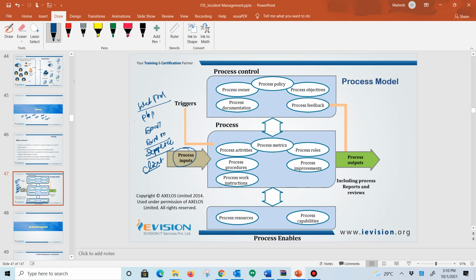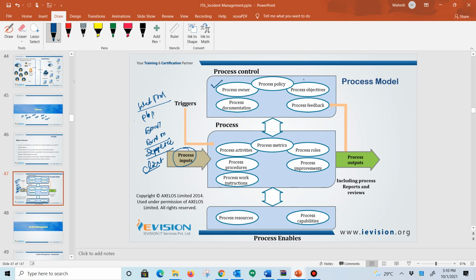Now when it comes to process control, think of the control in such a way that there is a process owner who is governing the process, establishing the process, improving the process, allocating the right resources, and documenting the process. All this is part of the process owner.